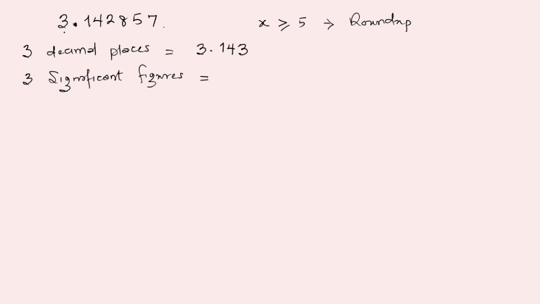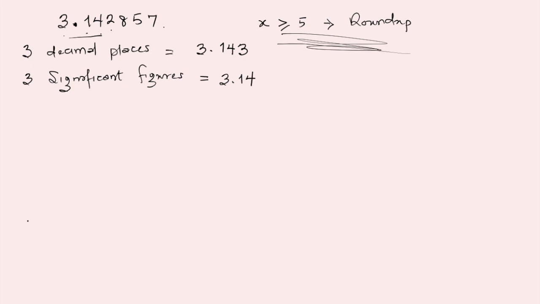So 1, 2, 3, and then you apply the same technique, which is if the next number is greater than or equal to 5, you round up the preceding number. But if it is not, you write it out as it is. So in this case, 3 significant figures is 1, 2, 3. 3.14. 2 is the next number. It's less than 5, so we write it down as it is, which is 3.14.